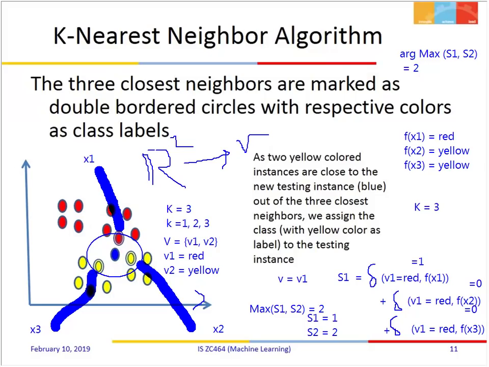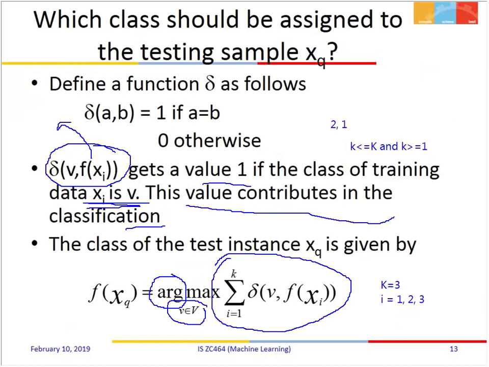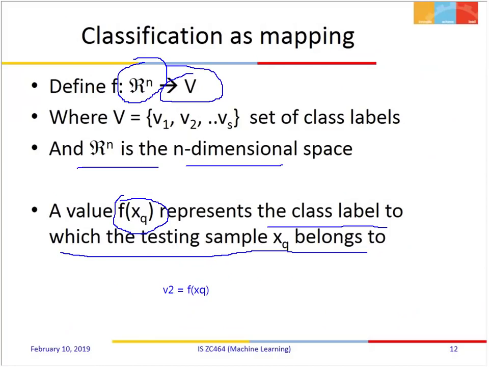You can see that this summation is rolling over V, all values of V, where capital V, I will show you on slide 12, is the collection of those class labels. Whatever is the number of classes, that will be the size of V. So there doesn't exist anything like S3.